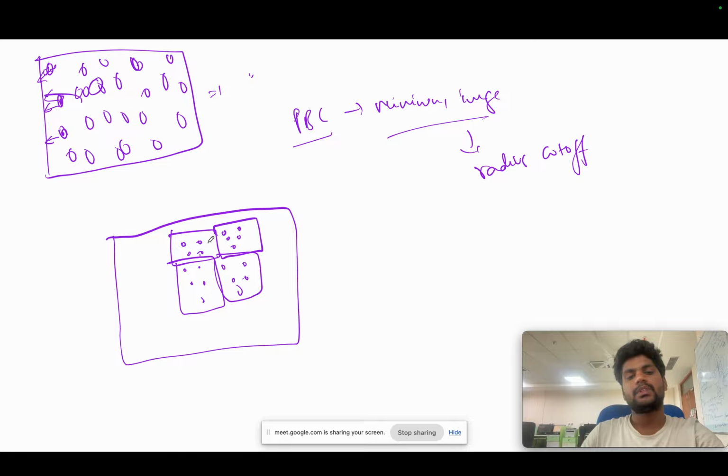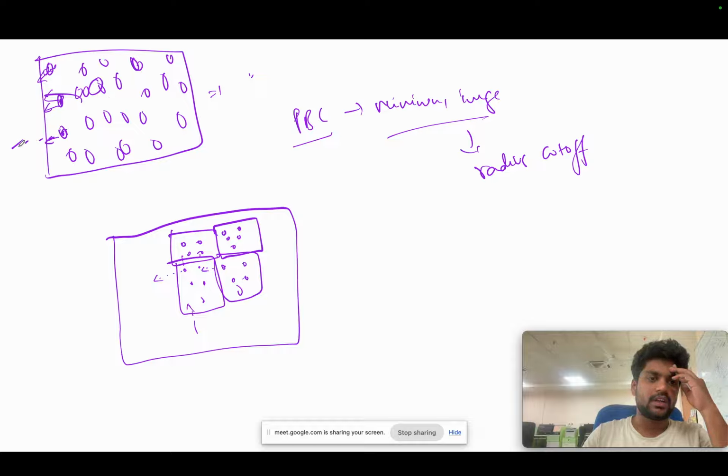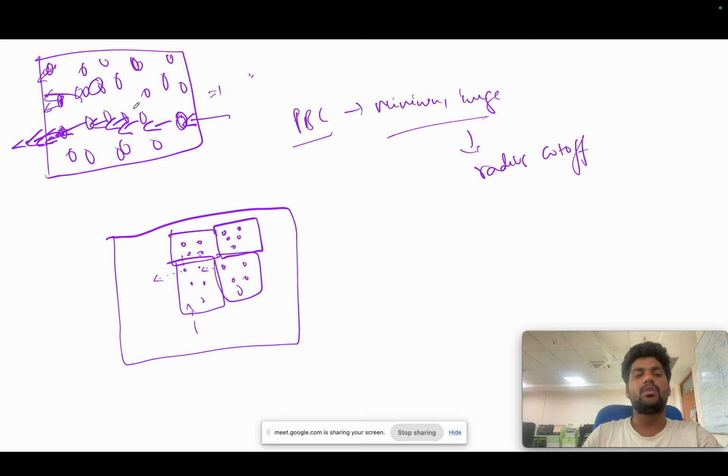What is happening is, if a molecule goes out this side, another molecule will come in and join from the other side. If the molecule goes in any one direction, from the opposite direction a molecule comes and joins, and in that way we are calculating the interactions of all. The number of molecules in the box is not even changing.